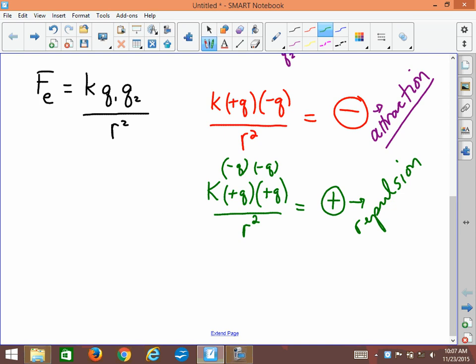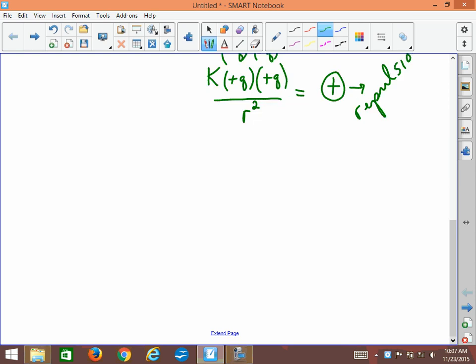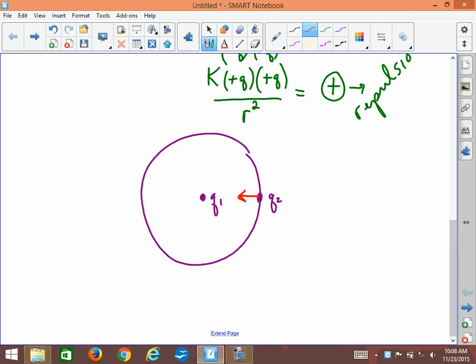And then we can infer from the context which way that would be going. So if I draw my little picture again with Q1 in the middle, and I put the circle all around, and we put Q2, say, here, and we got a negative answer, which would mean attraction, that would indicate there would be a force on Q2 this way and a force on Q1 this way.